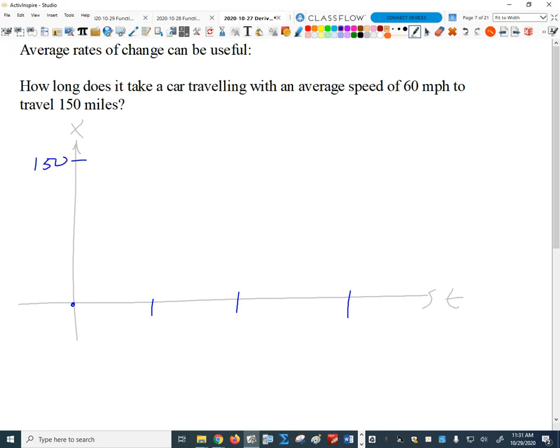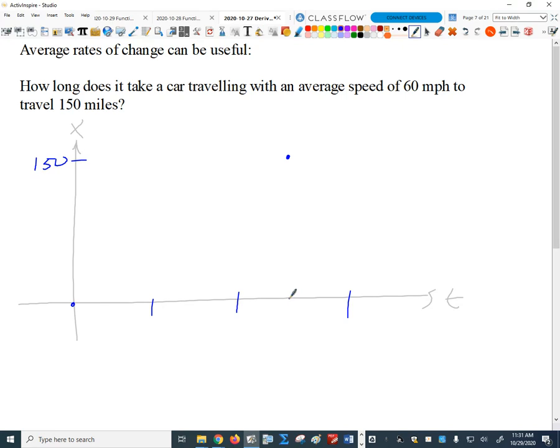So we're going to go from this point to that point. Everybody agree? If the average speed is 60 miles per hour, then we're going to get from here to here, and the input value is 2.5.